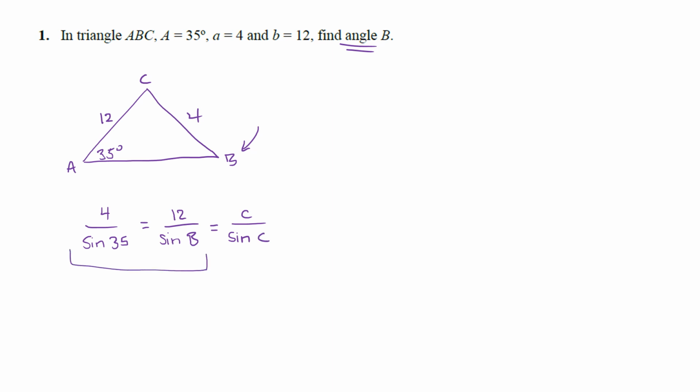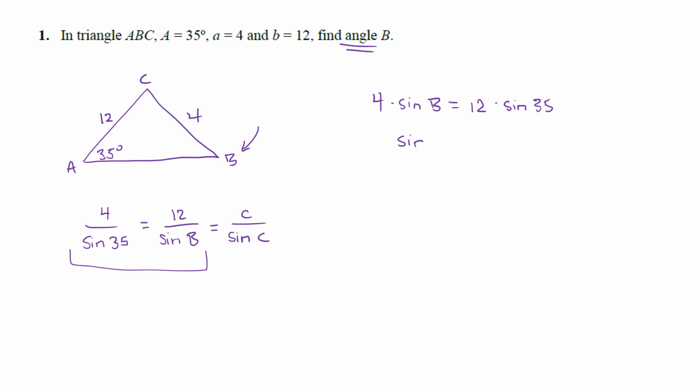So we'll be looking at these two ratios to help us find angle B. So let's use cross multiplication to help set this up. So we'll have 4 times the sine B equals 12 times the sine 35.